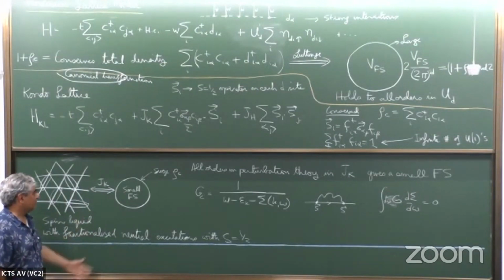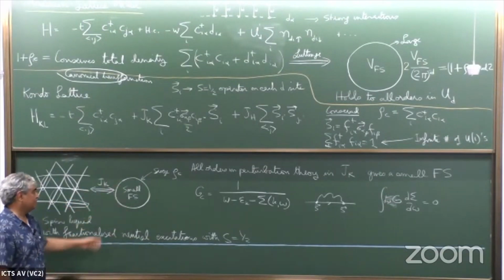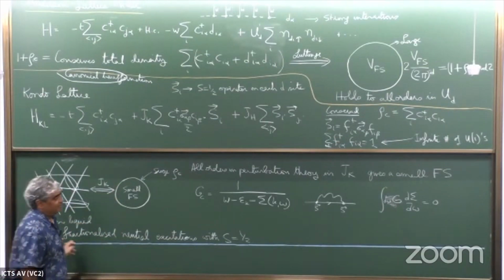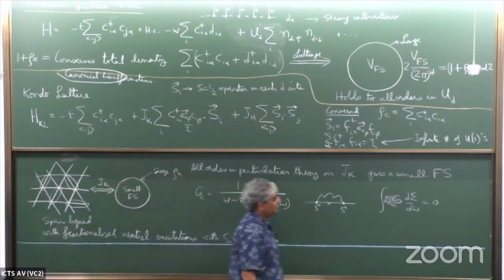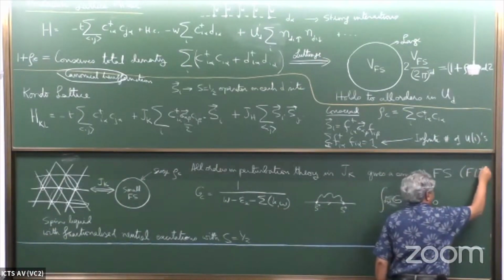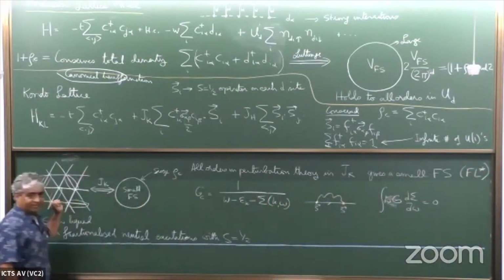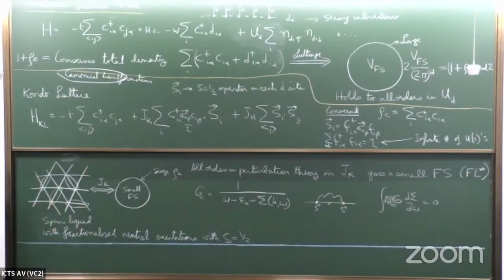And it tells me that there is a stable state like this with a small Fermi surface and fractionalized excitations. So this is called the state, I guess I've already called it FL star. The star is to remind you that there are these fractionalized excitations that must be present.